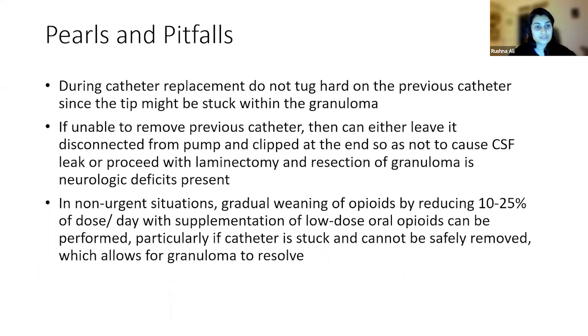In non-urgent situations, gradual weaning of opioids by reducing 10 to 25% of the dose per day with supplementation of low-dose oral opioids can be performed, especially if the catheter is stuck and cannot be safely removed, which allows for the granuloma to resolve on its own.